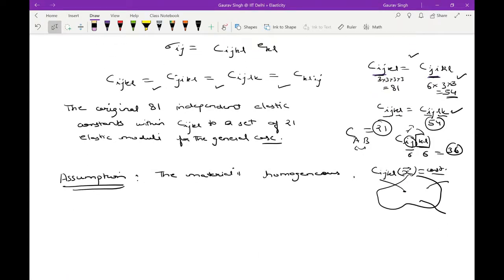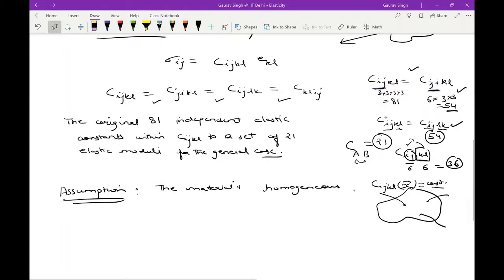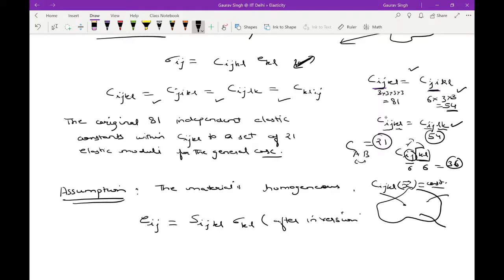So you can invert this relation sigma ij equal to Cijkl epsilon kl and write it as Eij is equal to Sijkl sigma kl. Okay, we have already done this inversion for an isotropic solid.